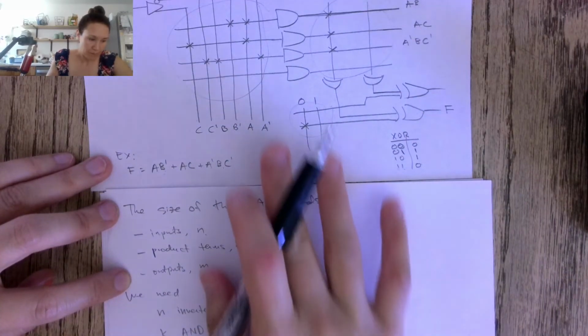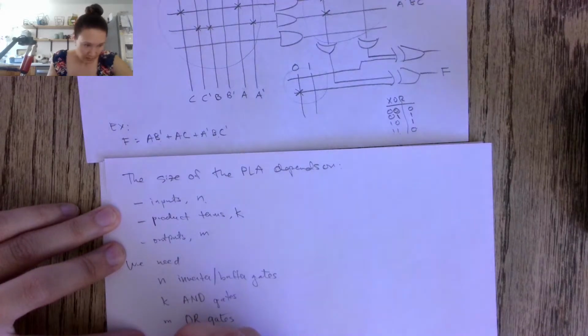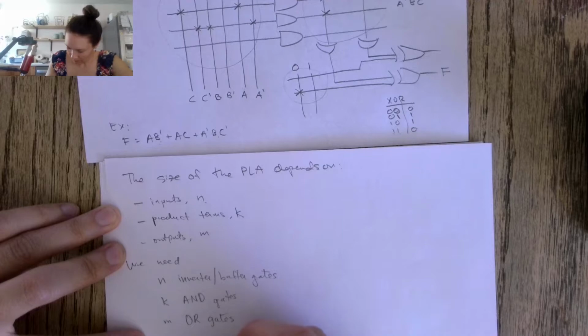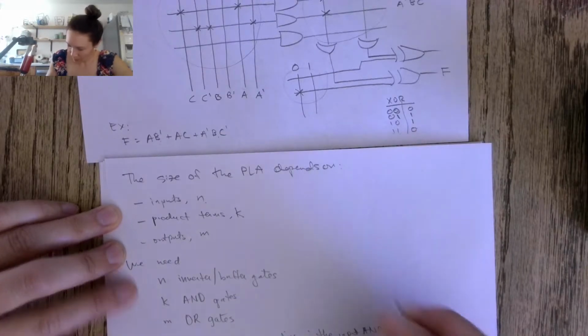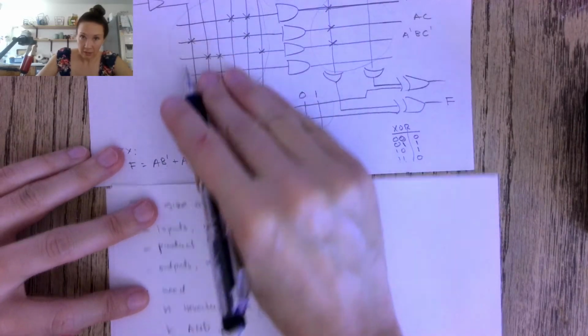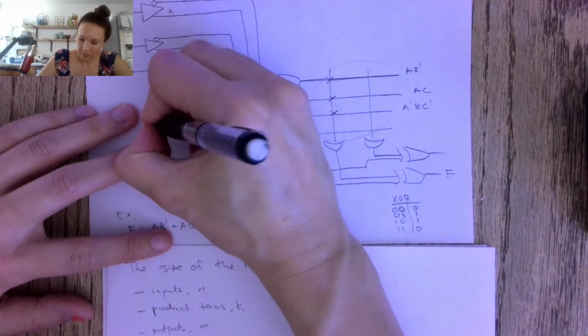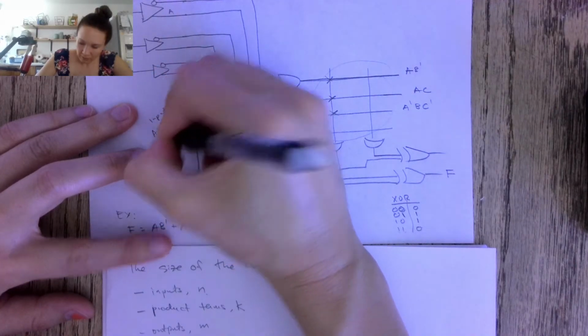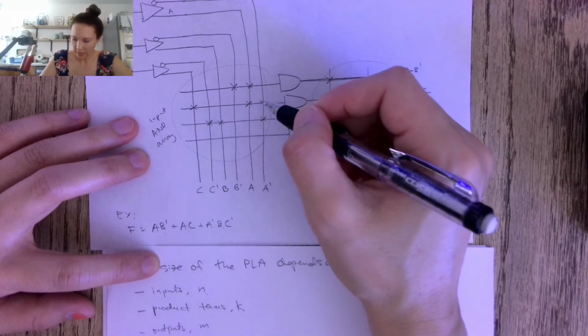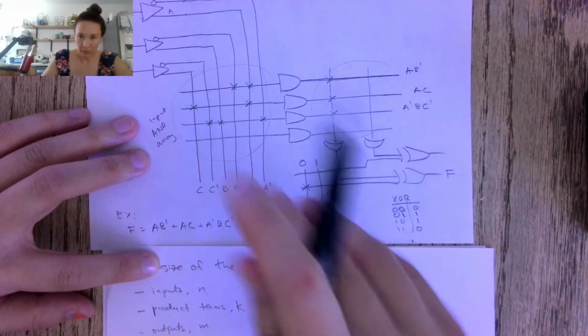And the size of this will be 2n times k possible connections in the input AND array. That's this thing here, the input AND array. So this thing has 2n times k possible connections. That's the size of this grid.